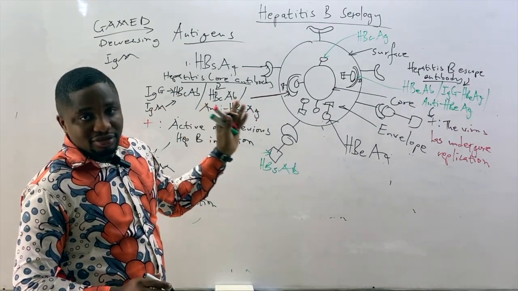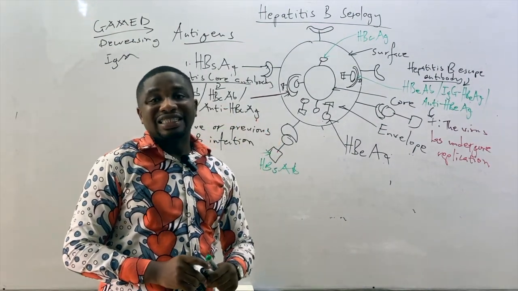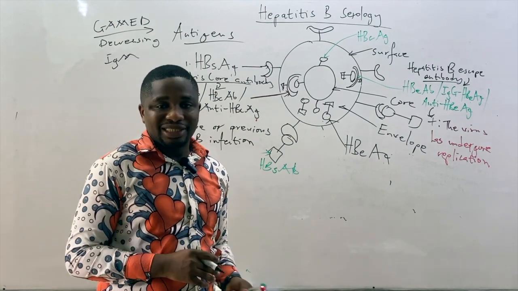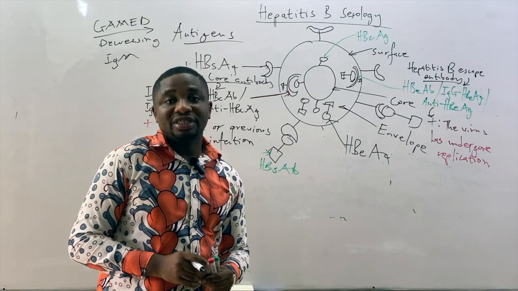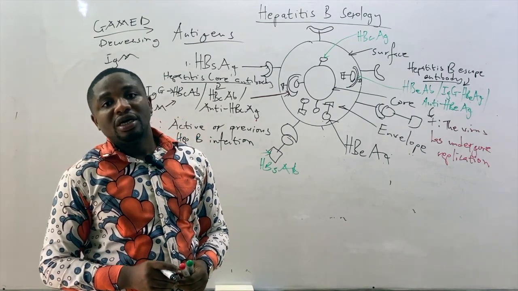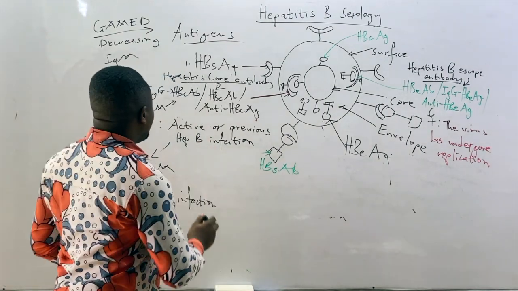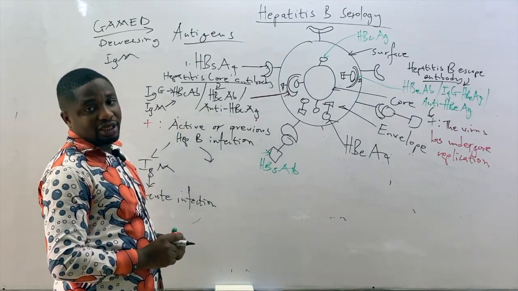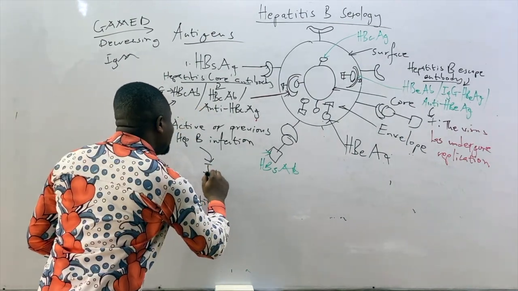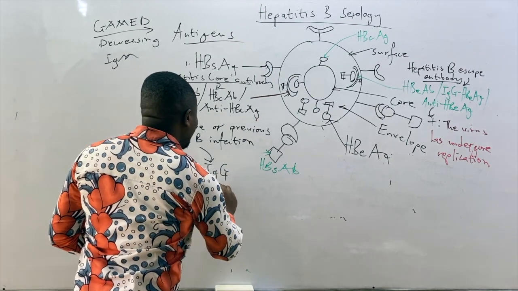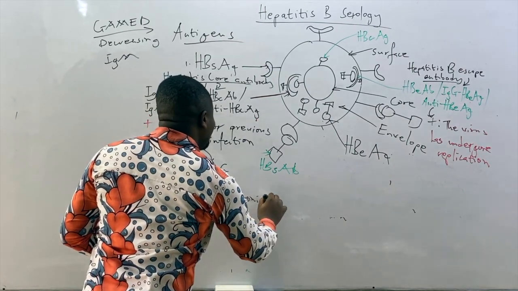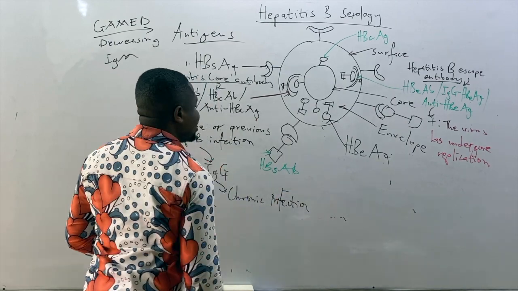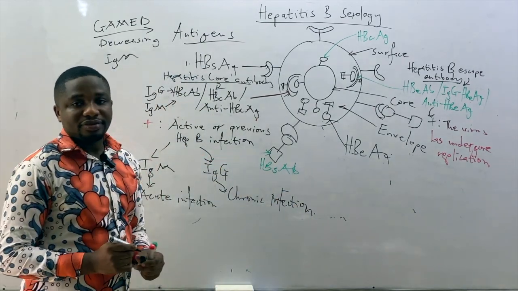If the hepatitis B core antibody is positive and it is immunoglobulin G, then you should know that that is a chronic infection.